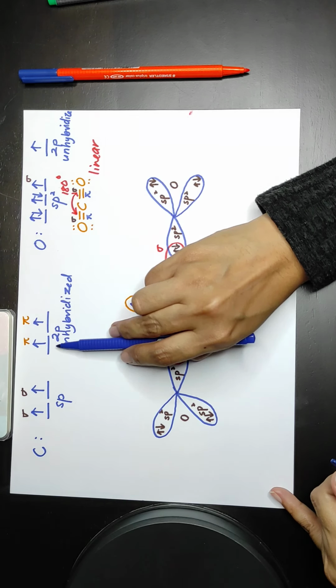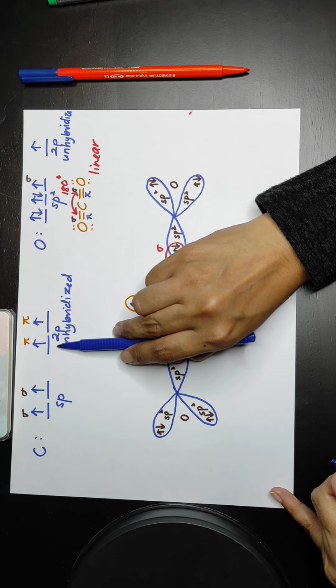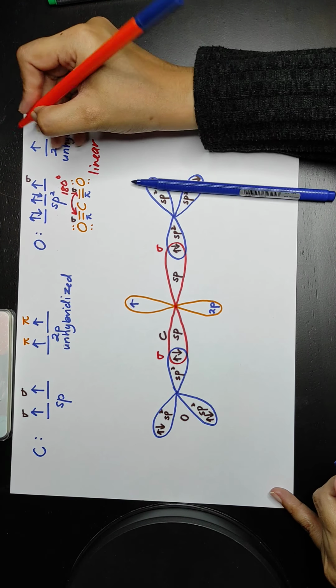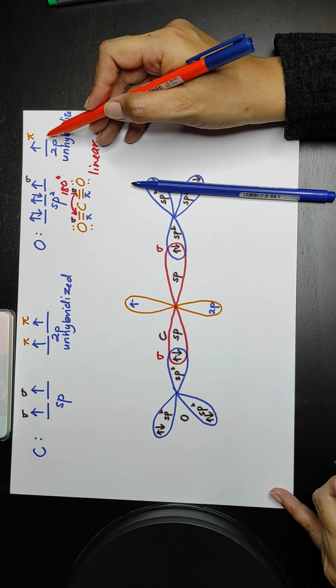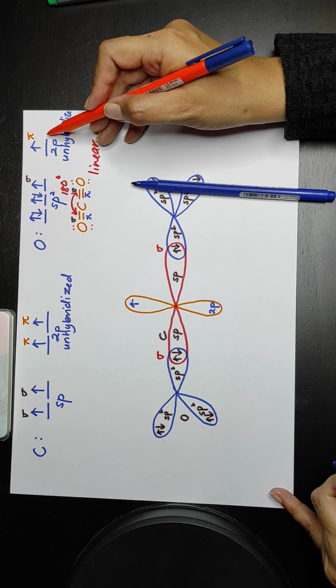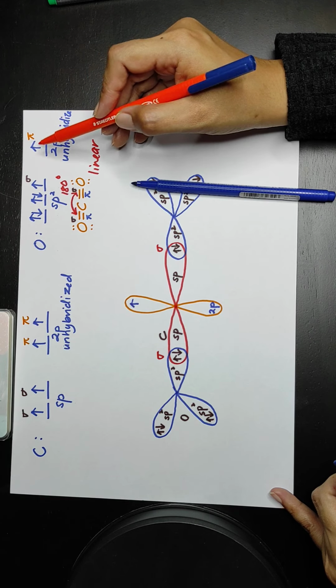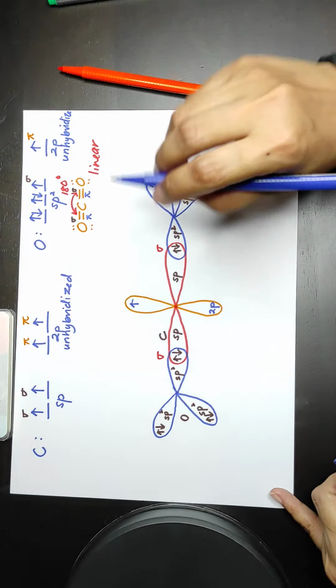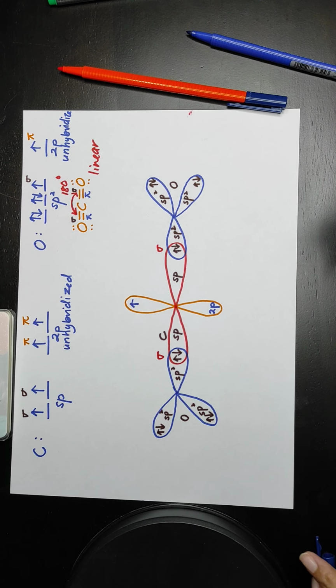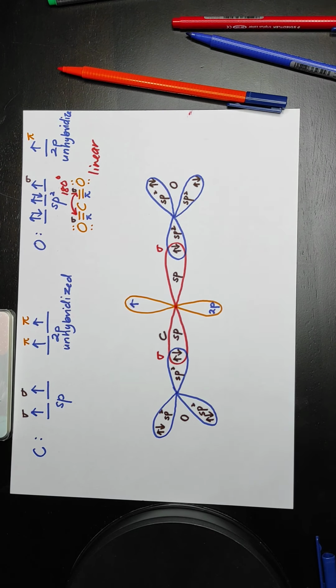This 2p electron will form a pi bond with the electron from the 2p unhybridized orbital of oxygen. So let's say this is also 2py. I want to use, let's say, the brown color.